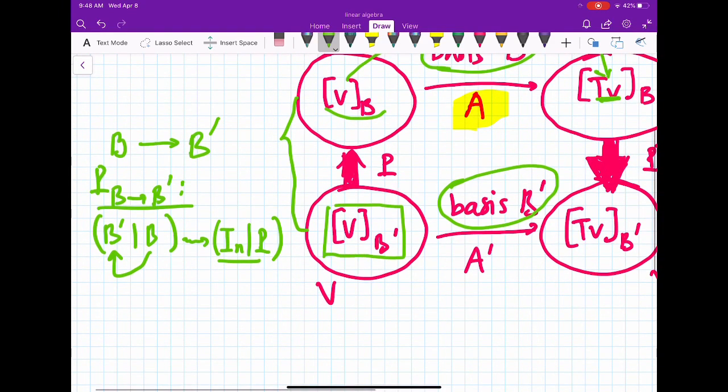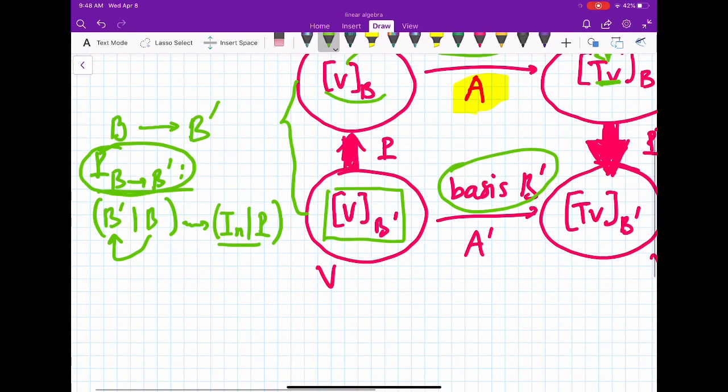Makes sense? And if you want to go from B prime to B, you just apply the inverse matrix of this one. Agree? So once you have the transition matrix from B to B prime, you apply this to vector V in B, so you get V in B prime.